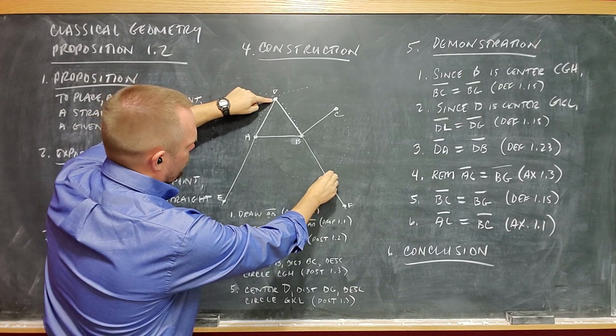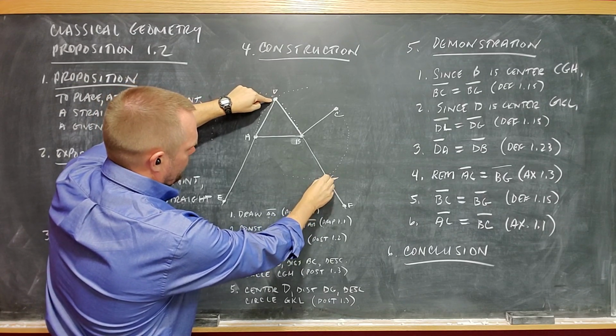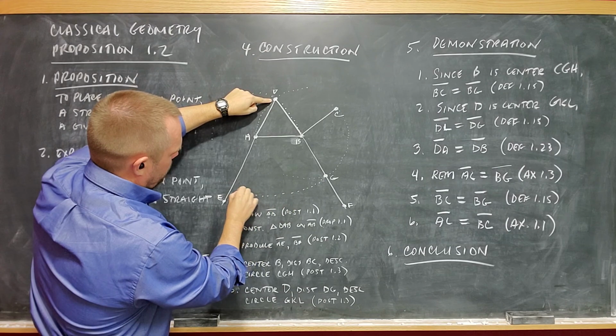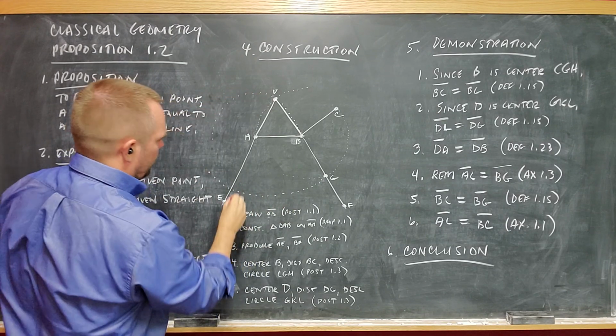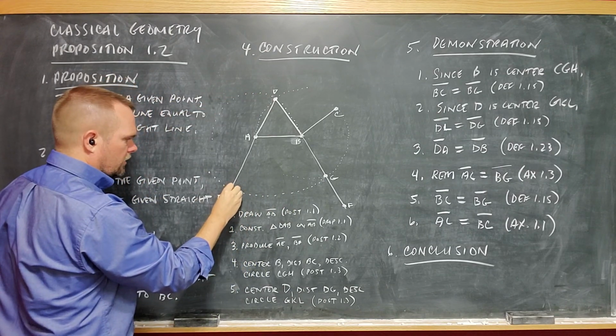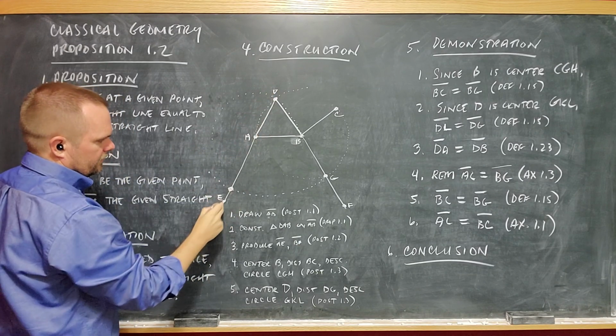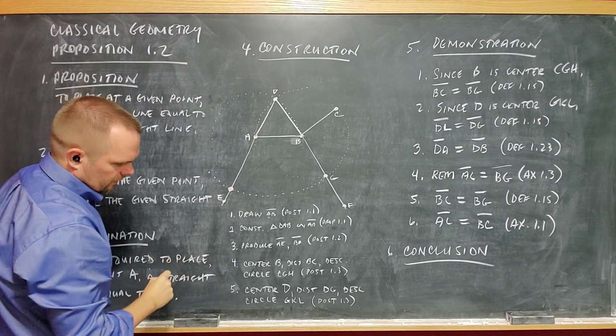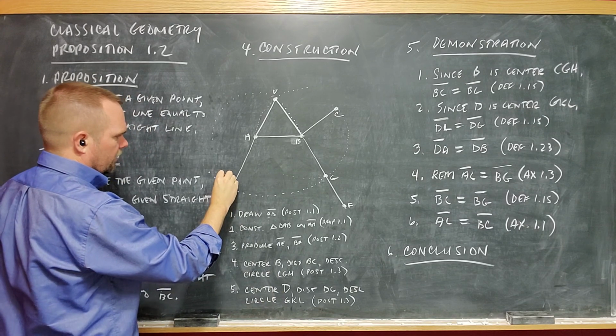And we're going to draw a circle around point D like that. And where that circle intersects line DE, we're going to label that point L.